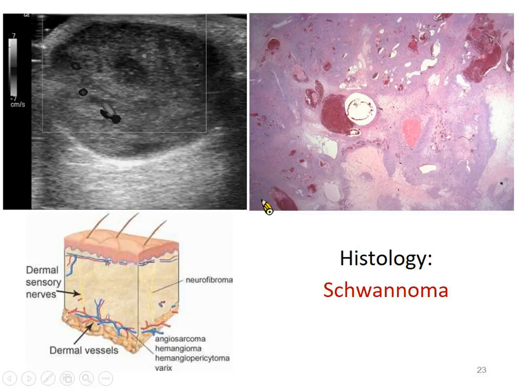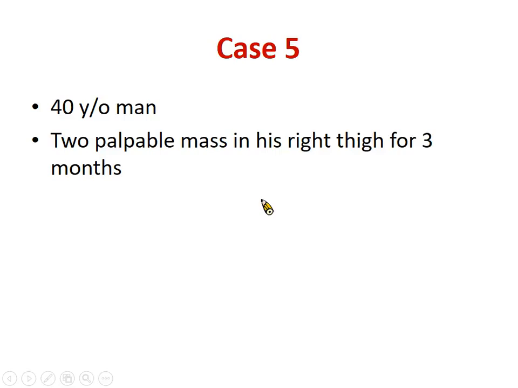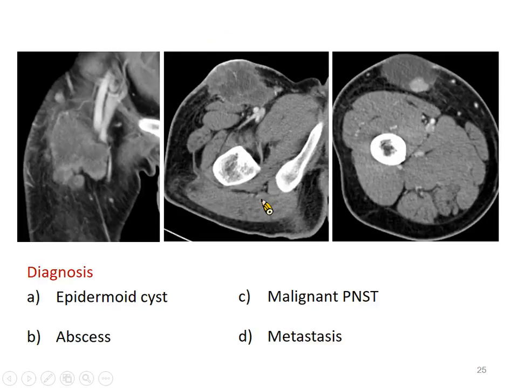Schwannoma, the correct answer. Case 5, 40-year-old man, 2 palpable mass in his right thigh for 3 months. Thought 2 mass. So one is upper and one is lower here. But we can see the infiltrative margin deep to the muscle layer, even touching the muscle, and infiltrating through the epidermis of the skin, and even if we can see ulceration.